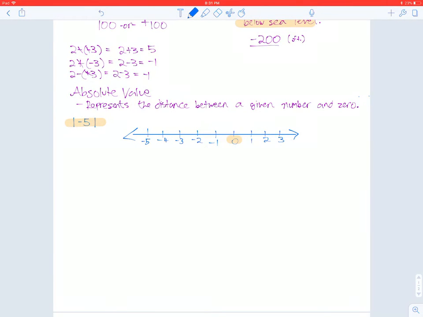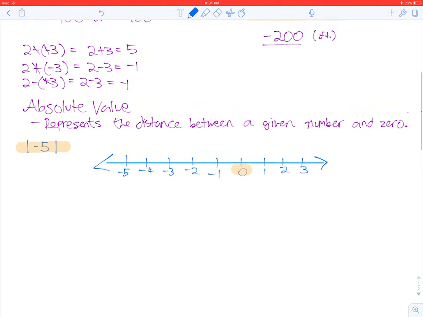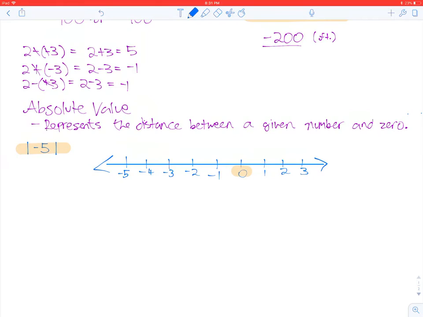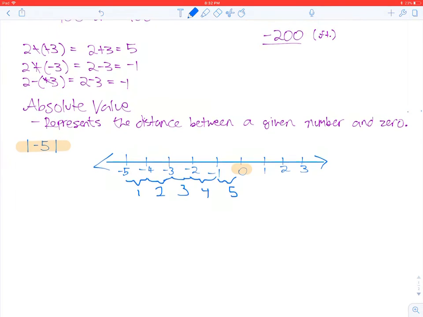So with this information in mind, let's try to find the absolute value of -5. Since we're going to use this definition of distance, what's the distance between -5 and 0 on the number line? Well, we can count it most basically: 1, 2, 3, 4, 5. If you just count the distance between each number, you add 1 each time.